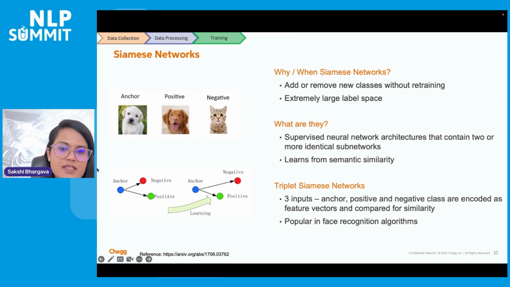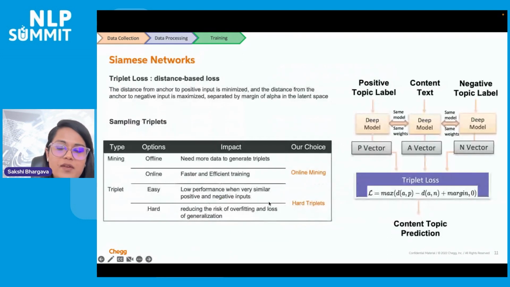This happens after the model has completed its training. So when we want to apply it to our use case, the anchor is the context, the text of the content, which can be question answer or the flashcards, etc. So that becomes the anchor, and the positive label is the ground truth topic, and the negative label is any topic sampled from a list of topics.